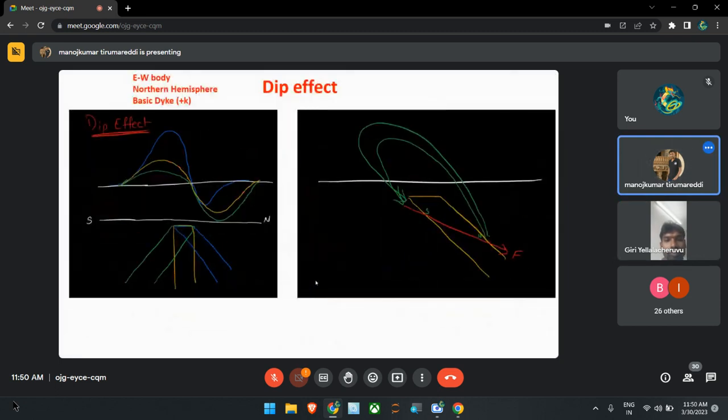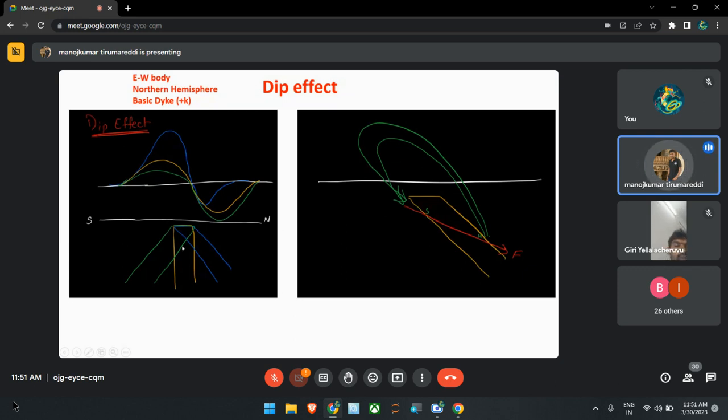Dip effect. Earlier we discussed dip of 90 degrees, that is vertically downward. Suppose the body is dipping towards the north, then the positive peak will increase. See, for I equal to 45 degrees, it is symmetric for a vertical body. If the body is dipping towards the north, this blue curve will come because the positive peak will increase.